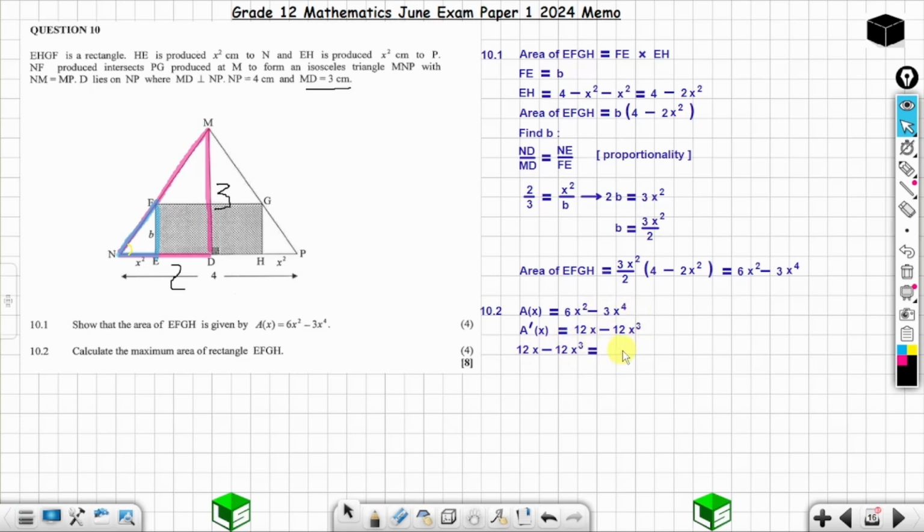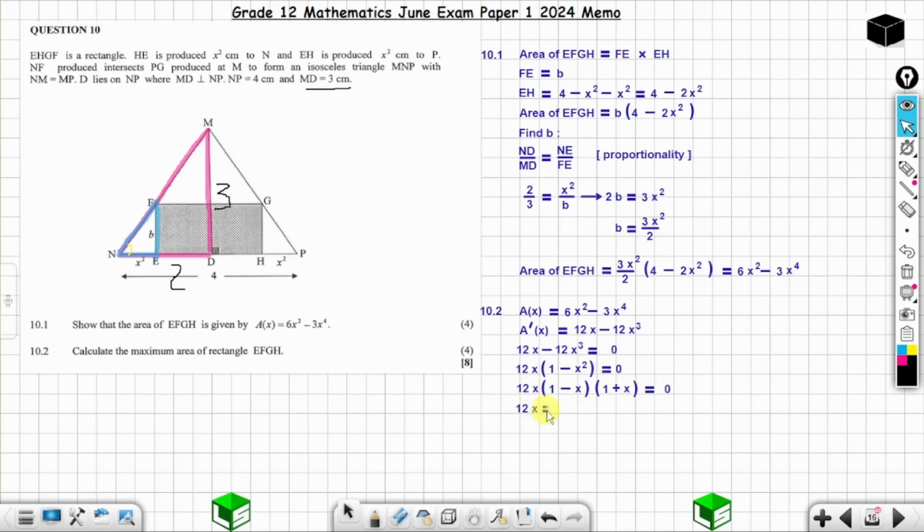Now we are going to equate to 0. Let's factorize. You have 12x in this term and 12x in this term, so you can take 12x outside of the bracket. You have 1 minus x to the power of 2, which is equal to 0. You have 12x times a difference of 2 squares. This is equal to 0.